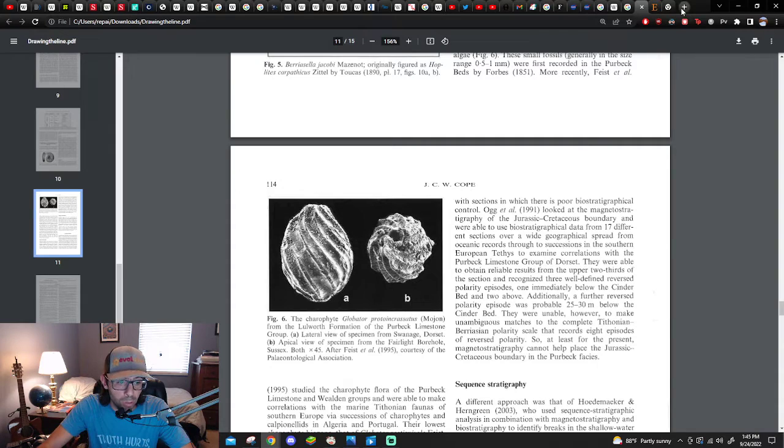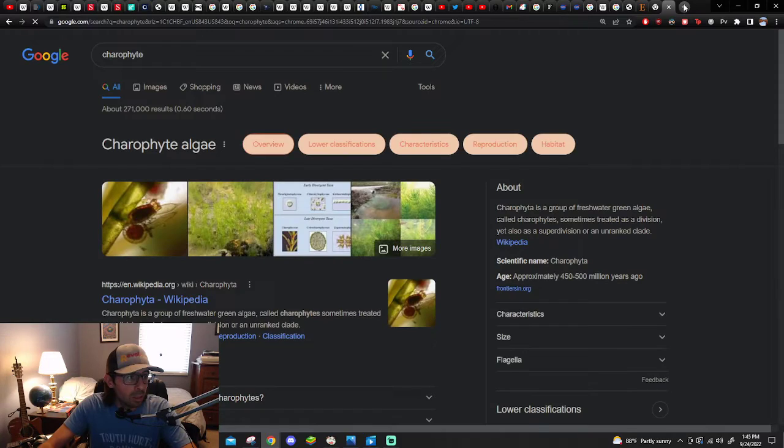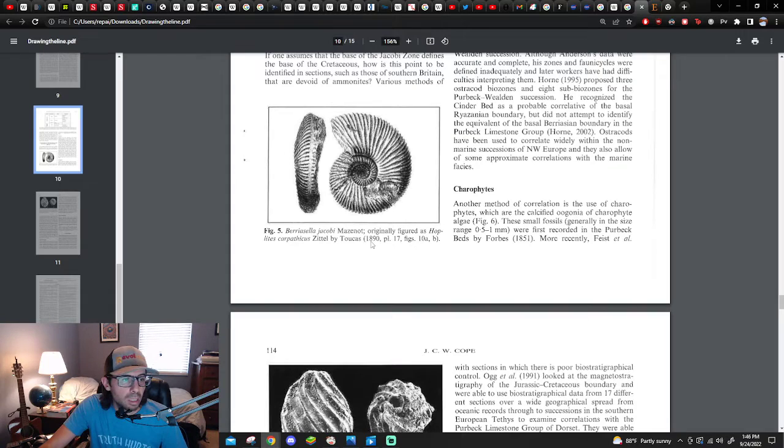Charophyte flora. Algae. This is an algae. And this.